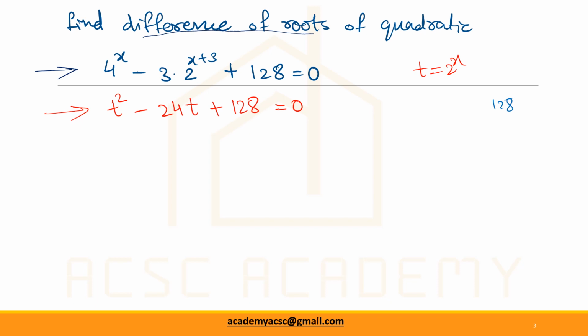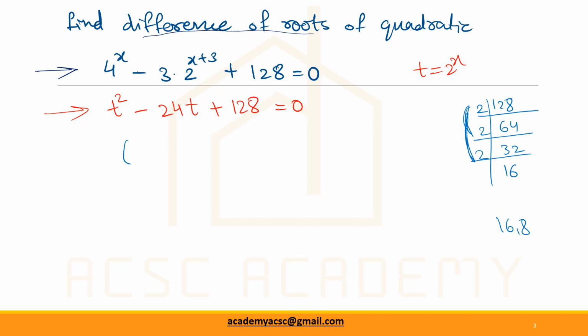For 128, let us find out. It will be 2 times 64, 2 times 32, 32 and 4. No, that will not give 24. So again 2 times 16, 16 and 8. Yes, this can be possible. So we have got the factors to be 16 and 8.